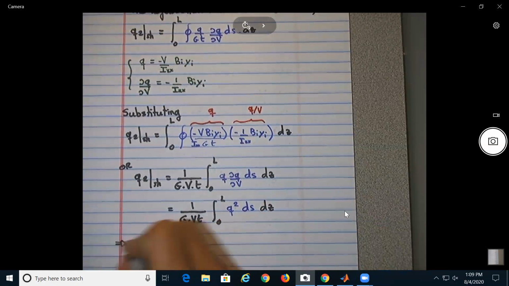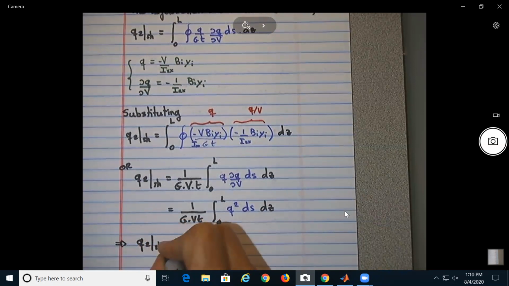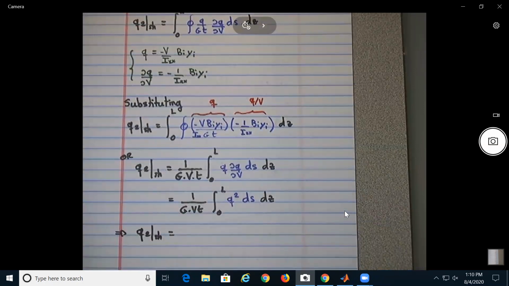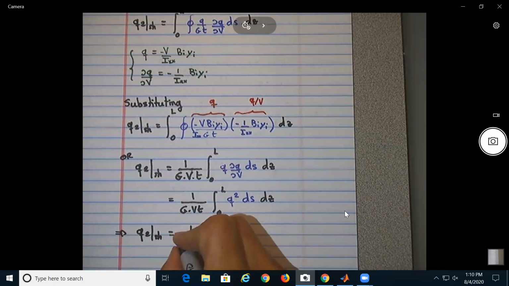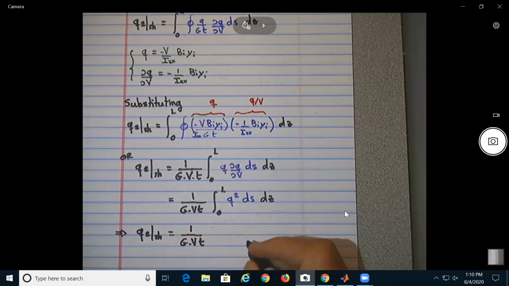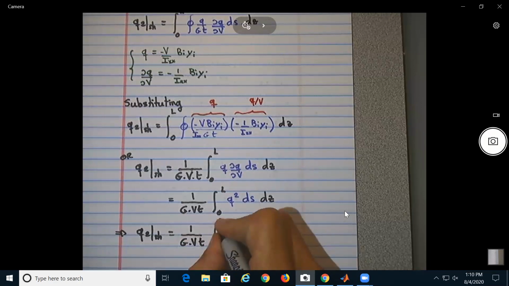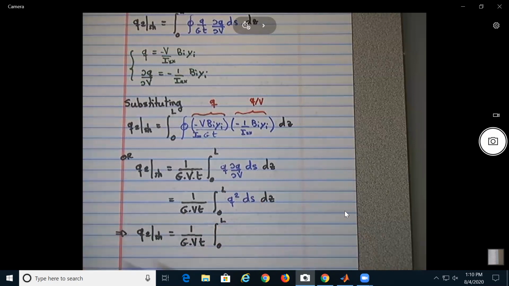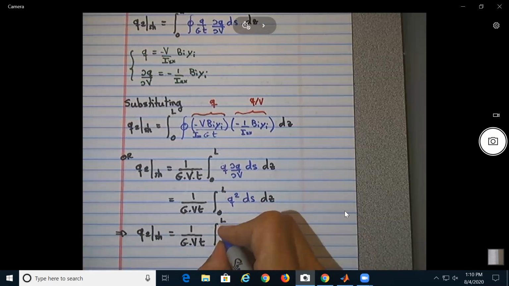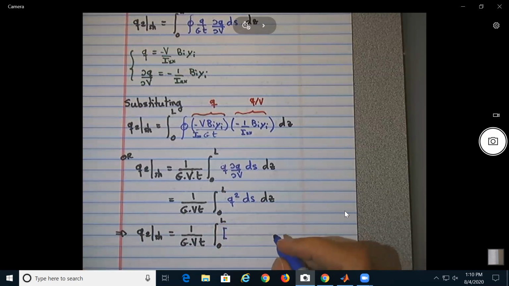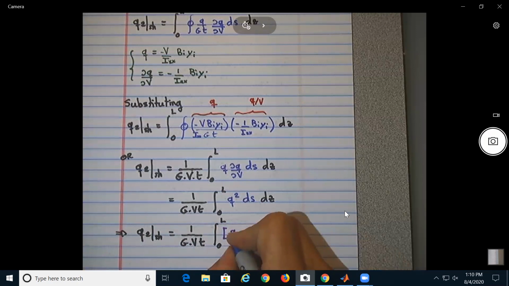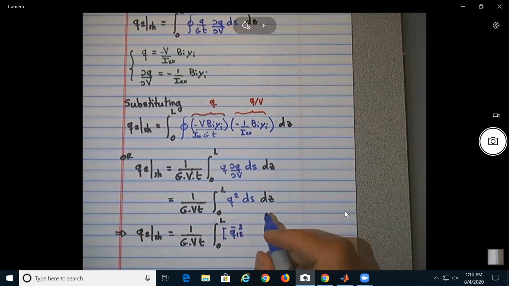So basically, the Q2 due to shear will be equal to 1 over G Vt integral of what? Let's say Q bar 1, 2 square times S12, which is how much?